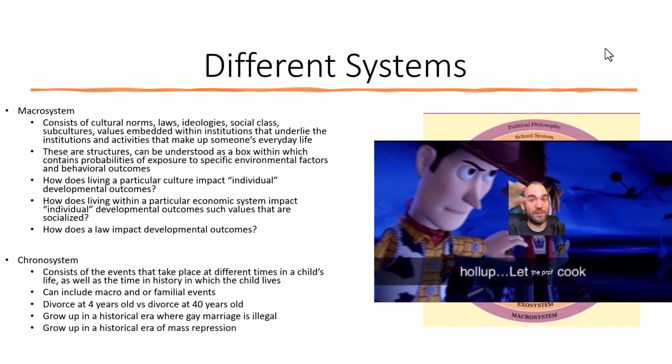And this is a lot of information, a lot of factors. It is impossible for any single study to take all this into account, but rather the idea is to expand our understanding of development, to understand that it's not just these one-to-one family things, but rather these larger structures that impact us.